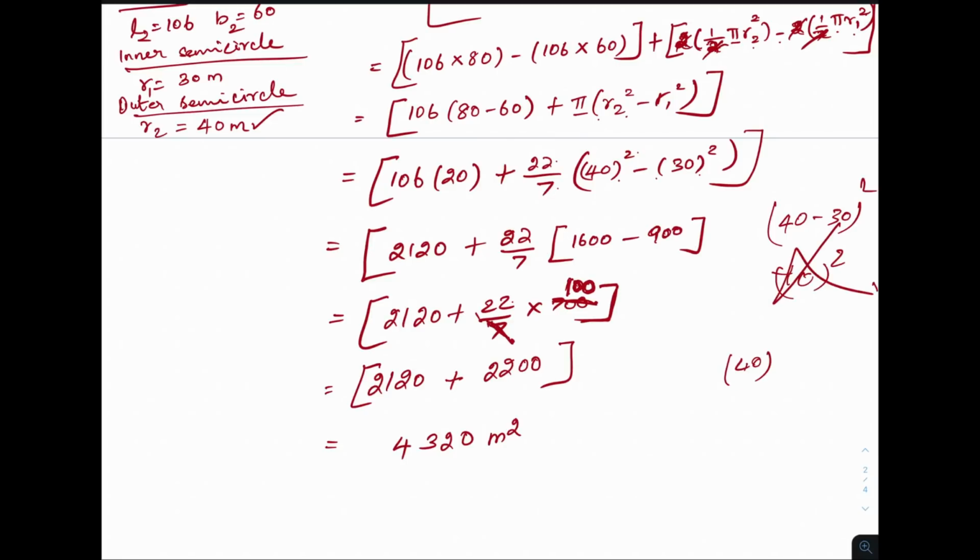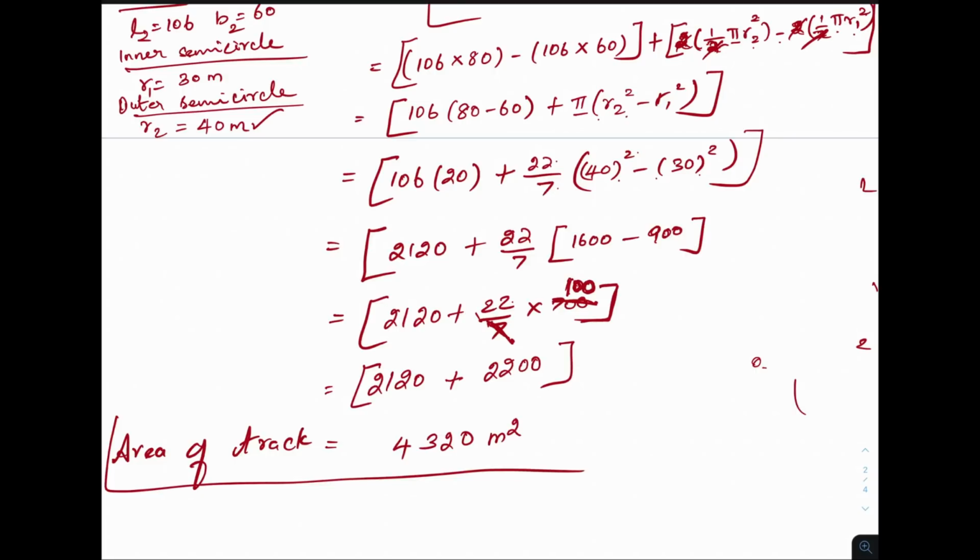We should take 40 square minus 30 square: 40 square is 1600 and 30 square is 900, then only we need to subtract. If we subtract 40 and 30 first and then square, that is wrong, we will not get the answer. So this is the area of the track. Area of track is equal to 4320 meter square. We'll move on to the next one.